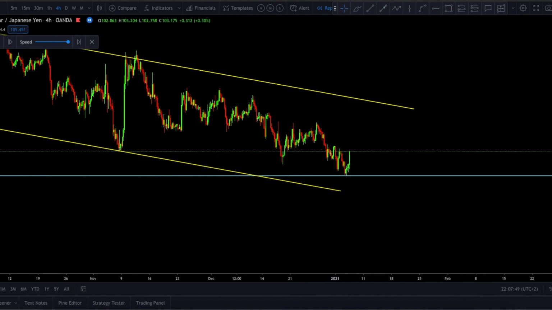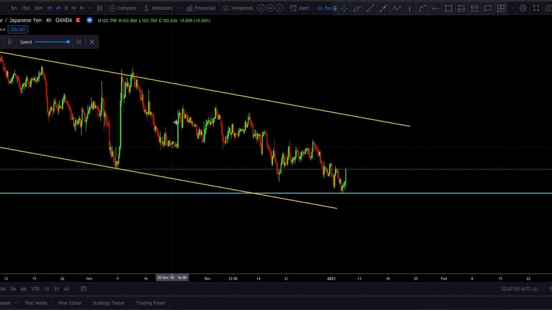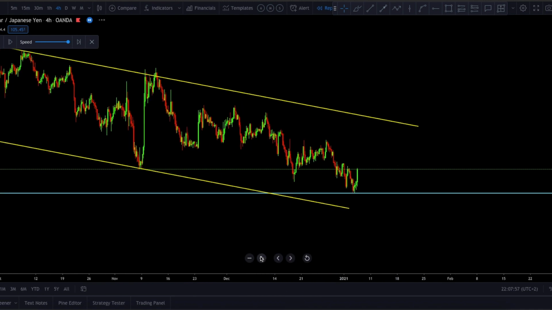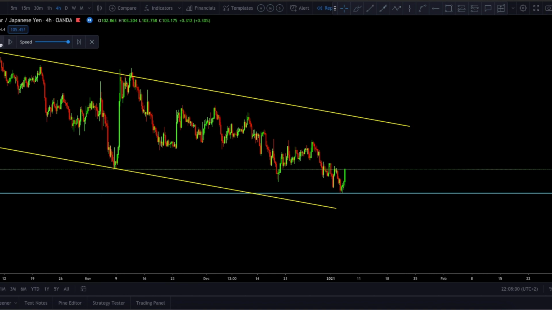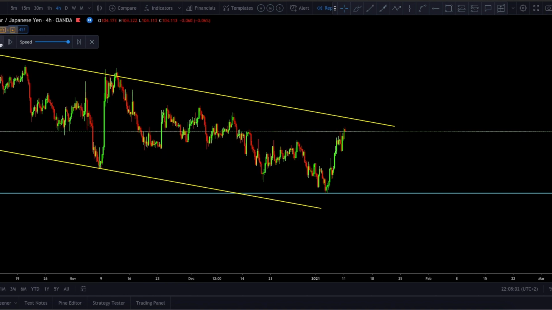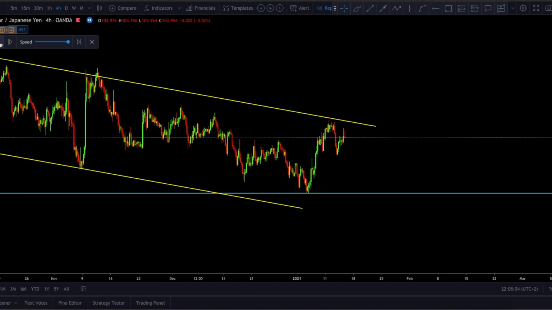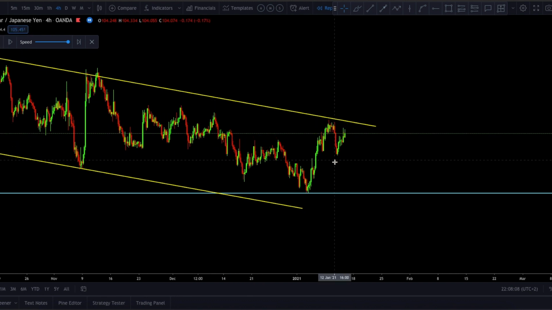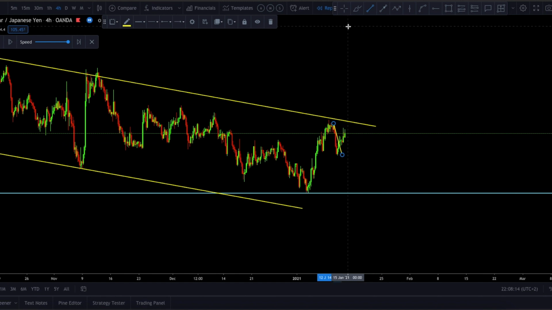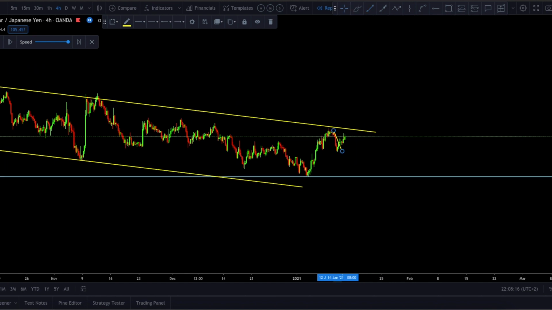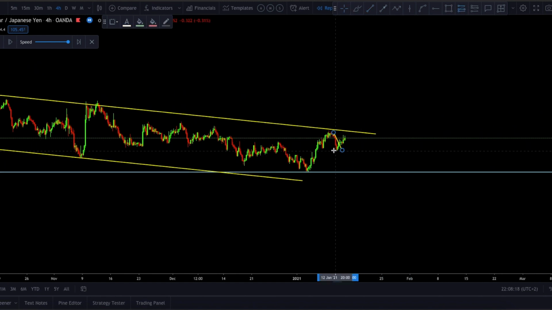It keeps pushing. Now we got this correction. You can actually buy from here.